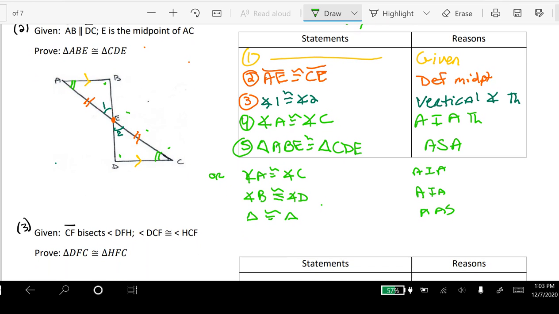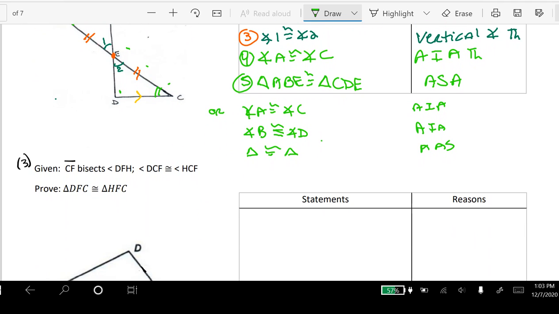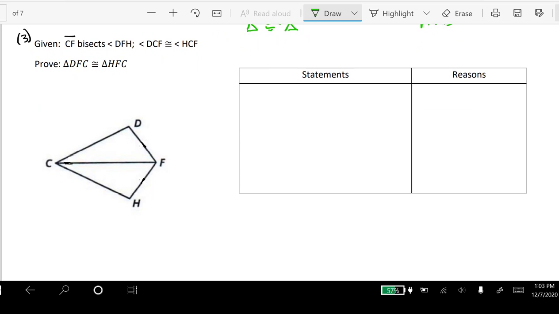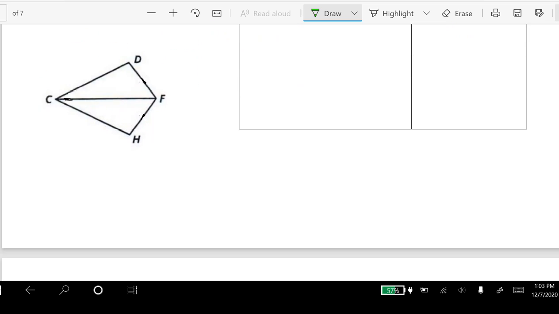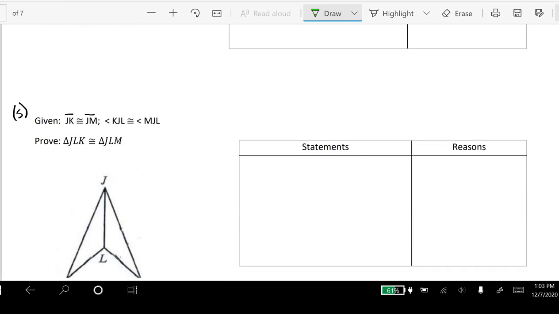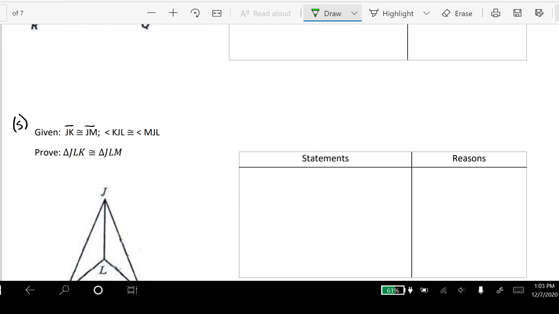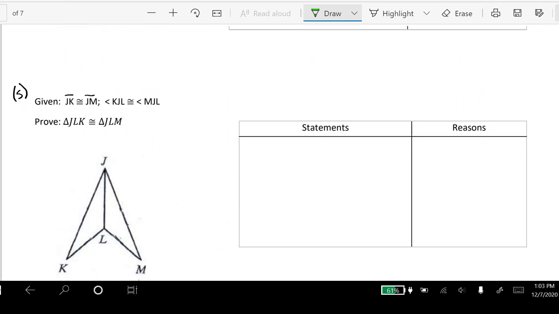So there's a few different choices. I could have picked B and D instead of A and C, and I would have also had angle, side. So there was a little bit of fluency there for what you want to do. All right, so let's see which one I should do. I'm trying to see which one of these next few I should do.